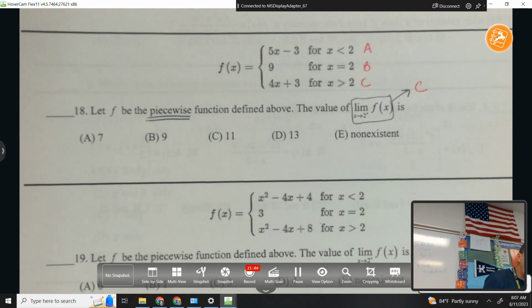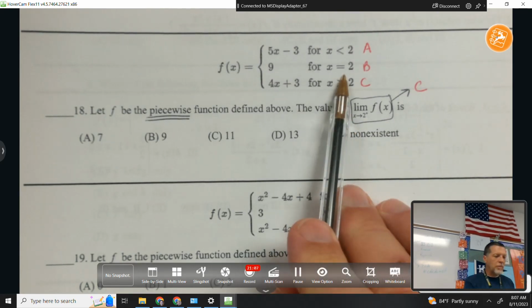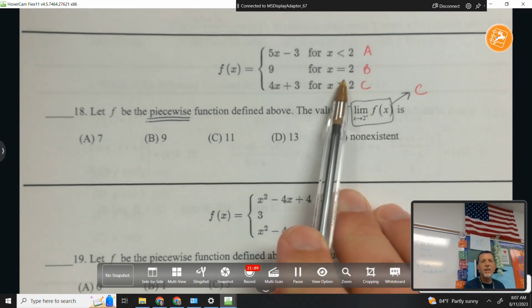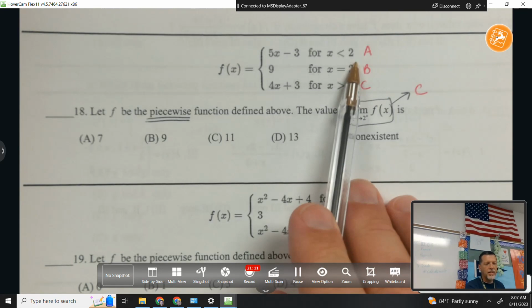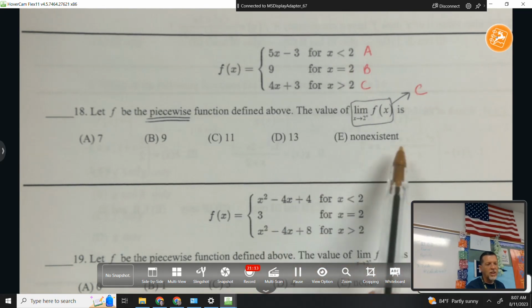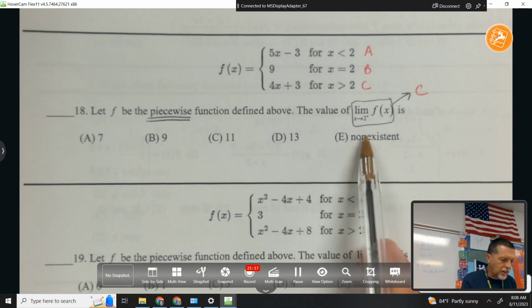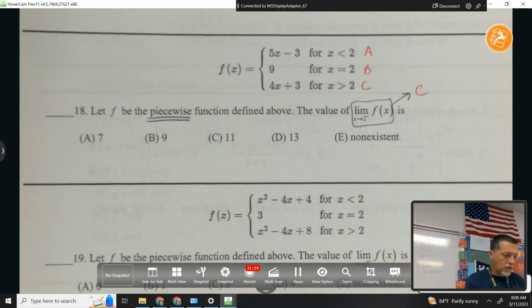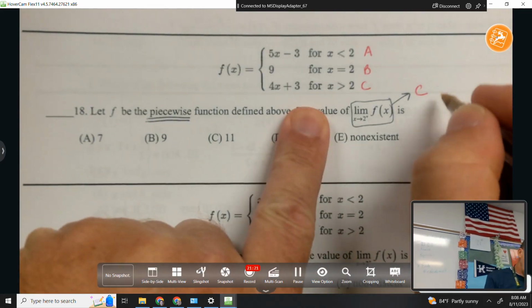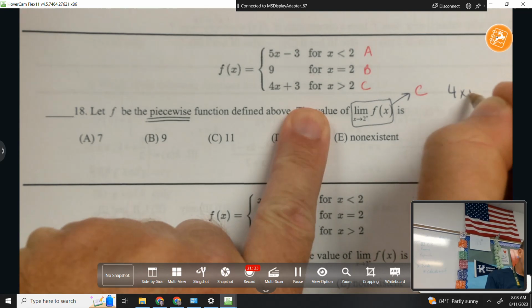So I don't care about getting to 2, so I'm not going to use branch B at all. I definitely don't care about less than 2, so I'm not going to use branch A at all. All I care about is branch C, because I'm looking for x to be a little more than 2. So branch C is 4x plus 3.